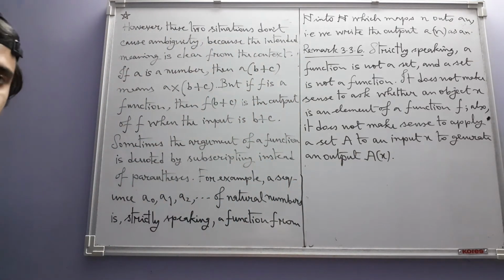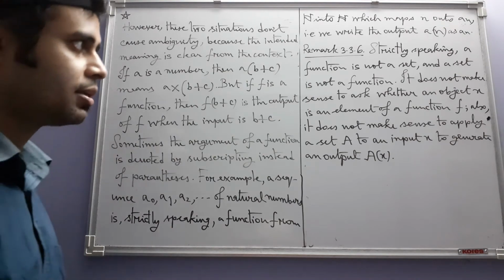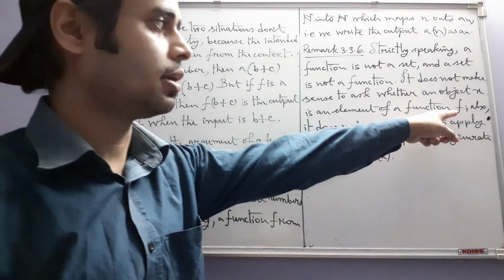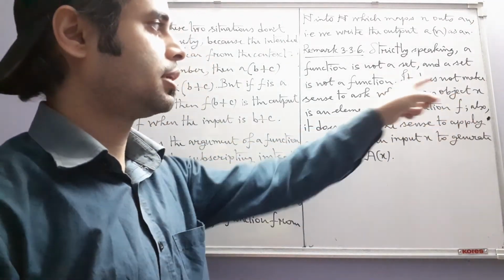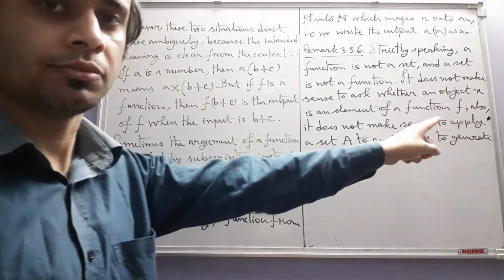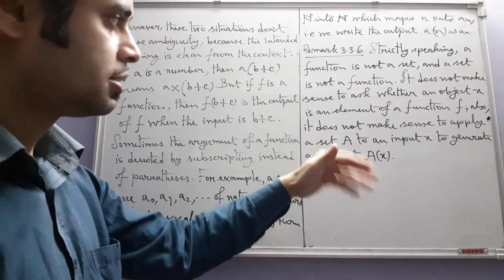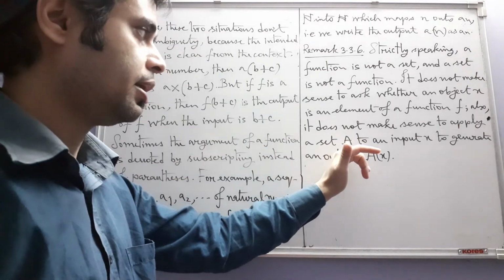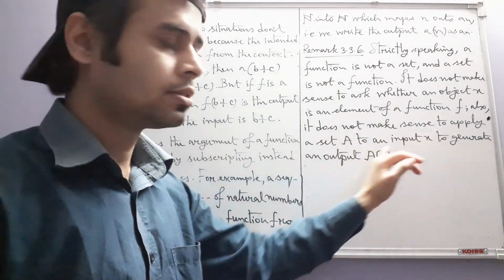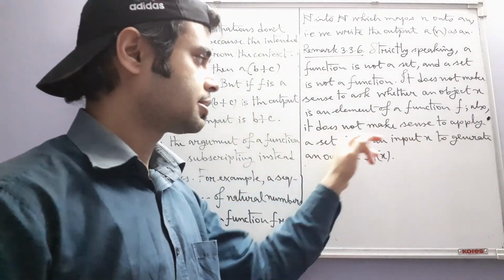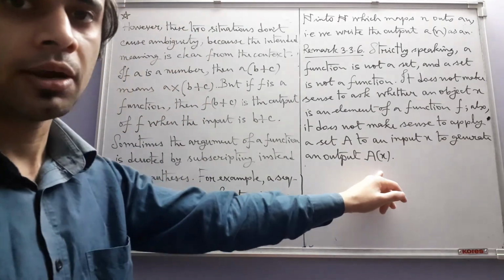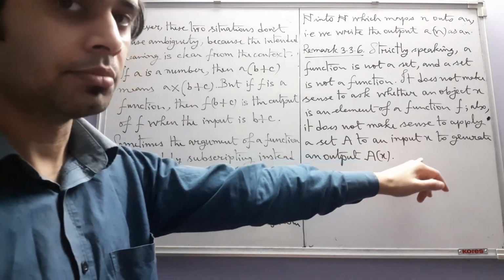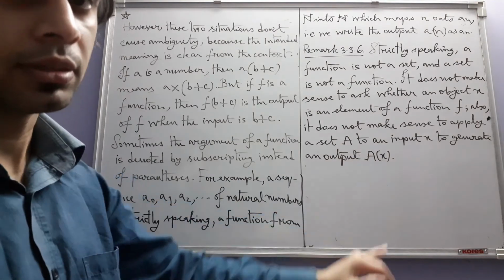These things are meaningless. If we are given an object x and a function f, then we cannot ask whether x is an element of f because f is not a set. Similarly, if we are given a set A and some object x, we cannot apply the set to the object to generate an output, considering the object as an input, because this is a set, not a function in general.